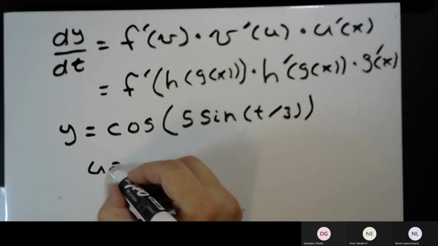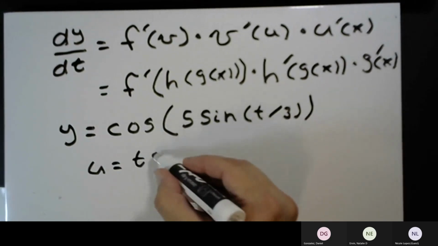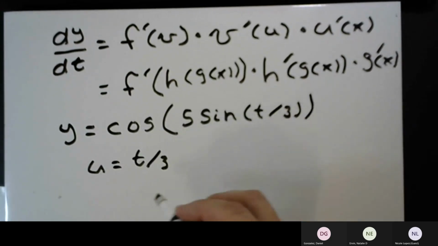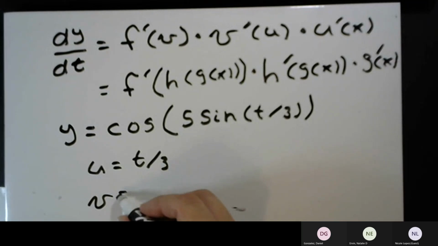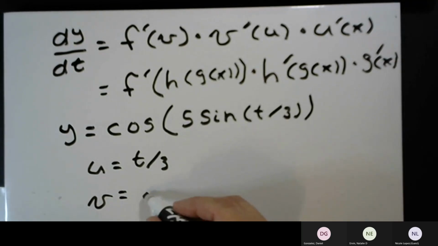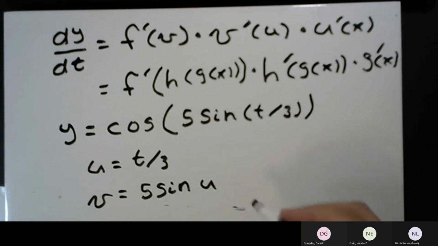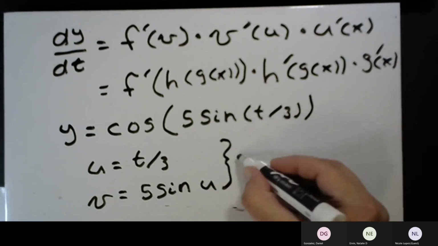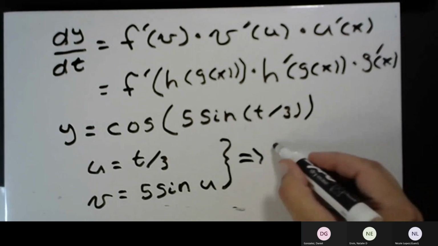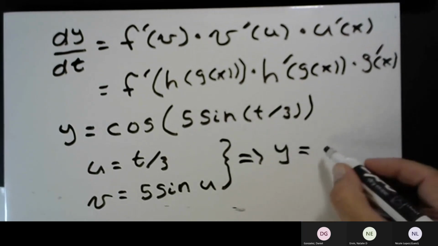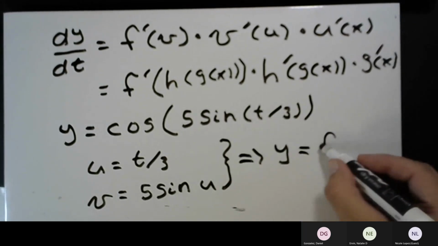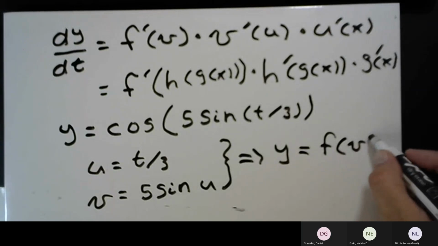We're going to let u be t over 3. We're going to let v be 5 sine of u. And so this is going to imply that y will equal f of v.